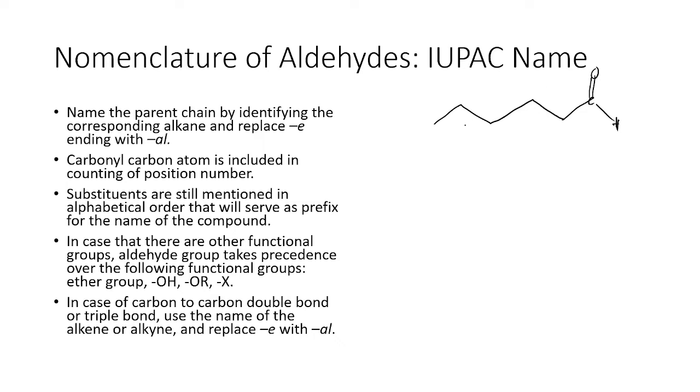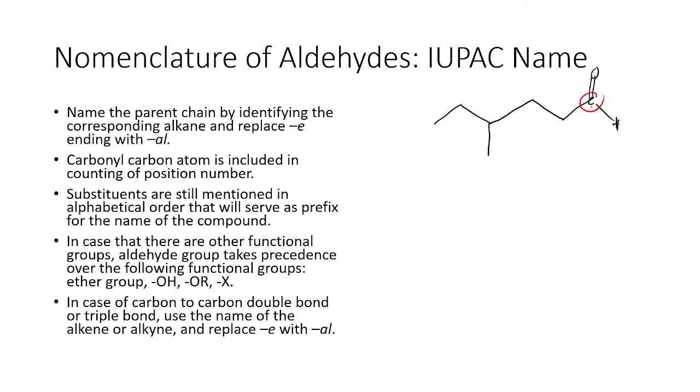And if we say substituent, let's say we have here a methyl group here. So, paano natin ito papangalanan? So, basically, we just need to locate the parent chain. So, by locating the parent chain, we just need to look for the chain na pinakamahaba that contains our carbonyl carbon.